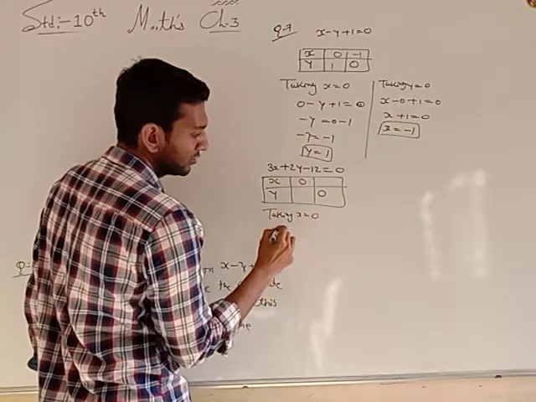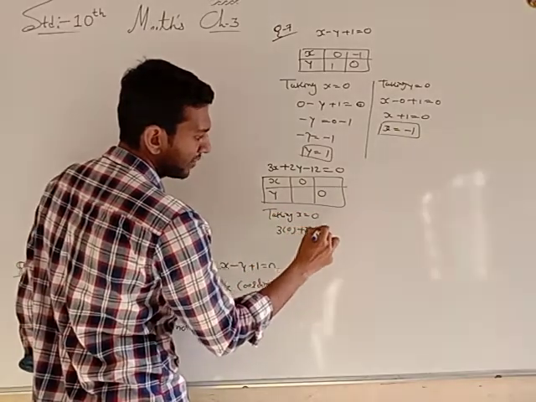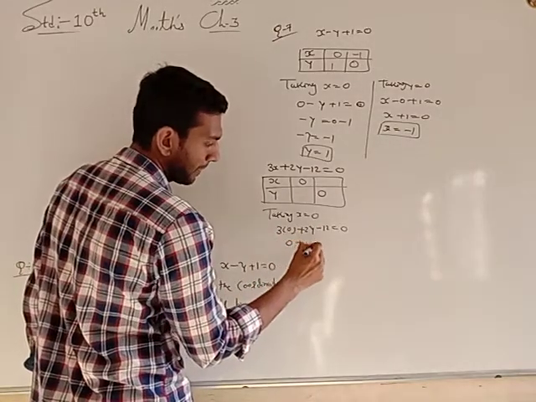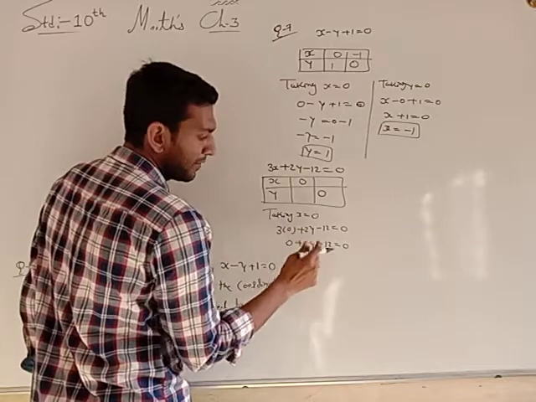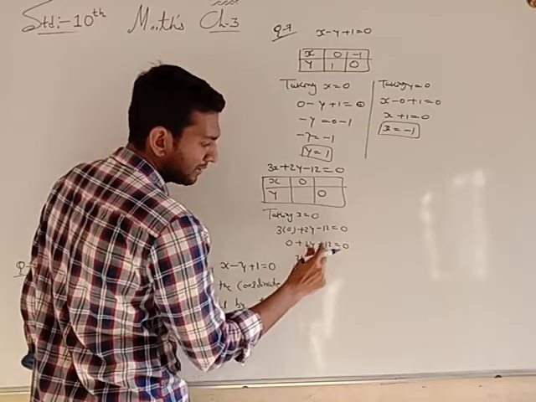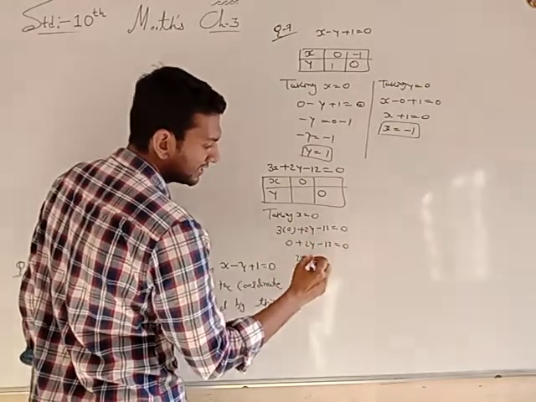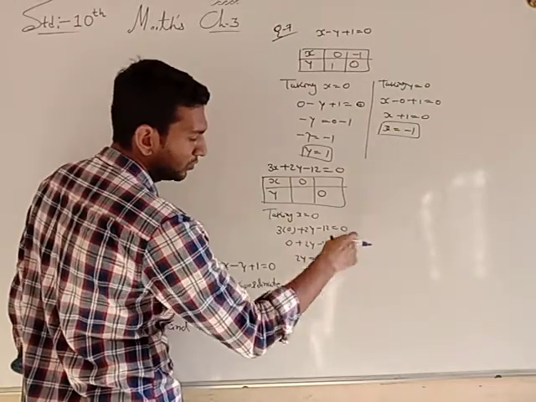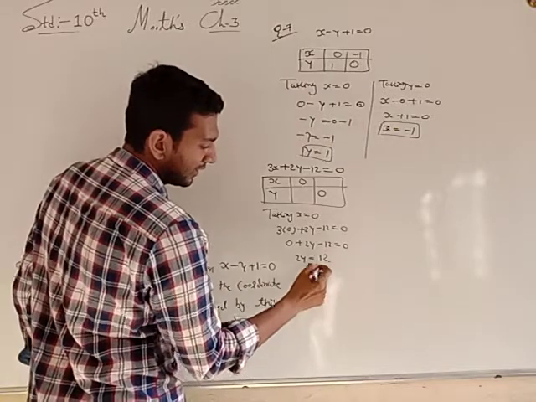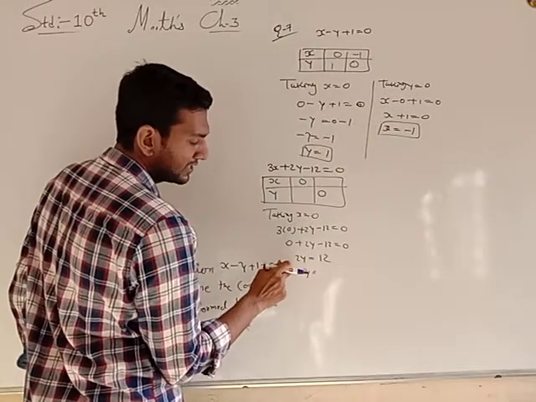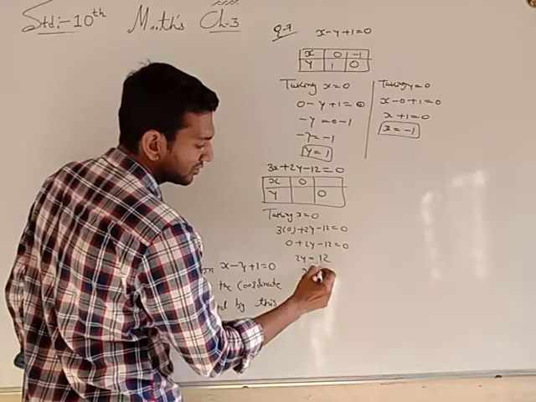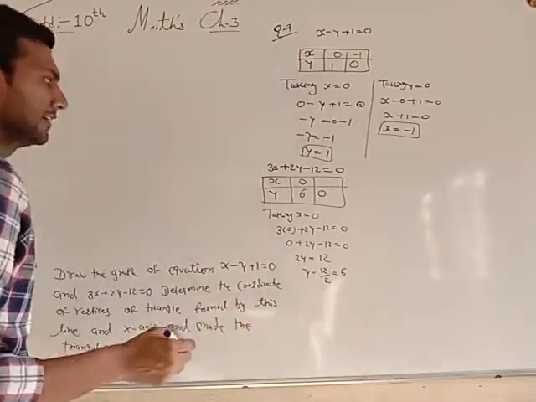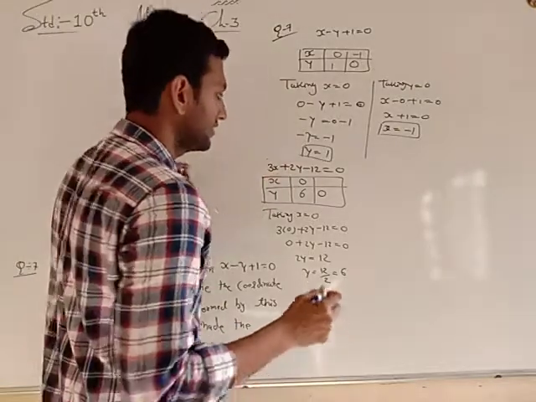Taking x is equal to 0, you get 3 into 0 plus 2y minus 12 is equal to 0. 3 into 0 is 0. 2y plus 0 is 2y, minus 12 goes to the right side and becomes positive. It is negative, so if it is moved to the right side, it becomes positive. And the relation between 2 and y is multiplication, so it goes into the denominator. So you get y is equal to 6. Okay, 6 times 2 is 12, 12 minus 12 is equal to 0.